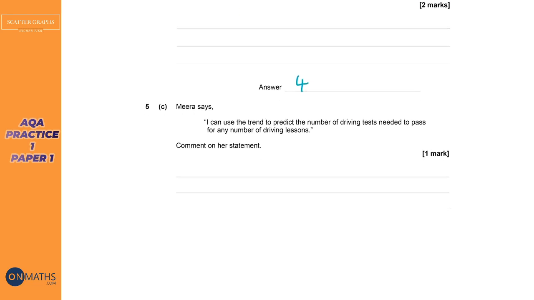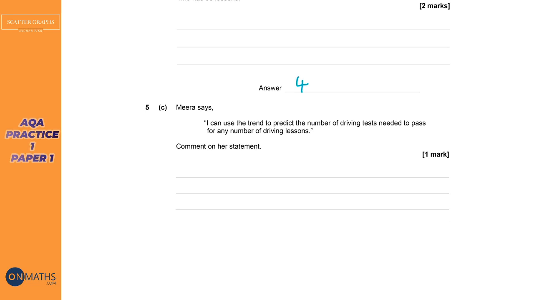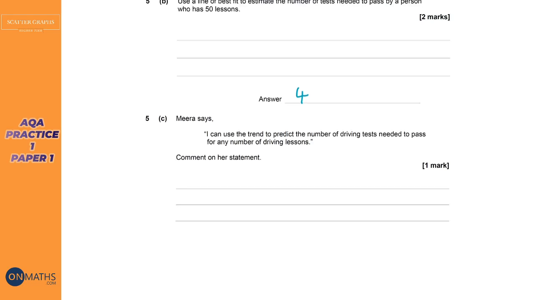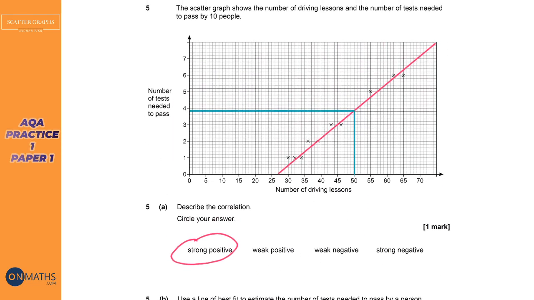Right, last question. It says, I can use the trend to predict the number of driving tests needed to pass for any number of driving lessons. Comment on her statement. Now, it's hinting at quite a common trend in scatter graph questions. Essentially, it's saying this trend will always occur, no matter where you are on the graph.